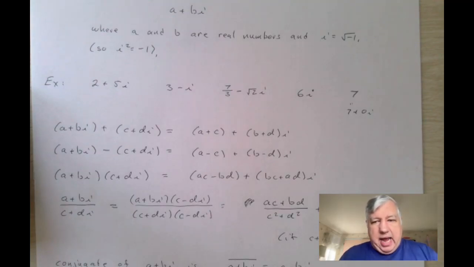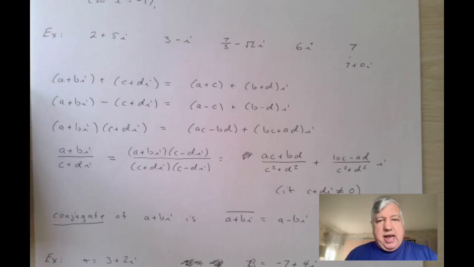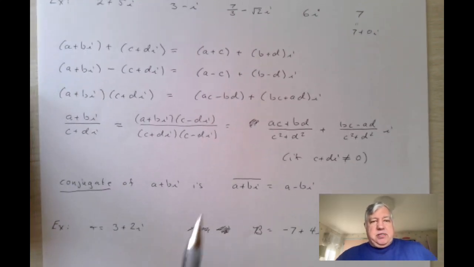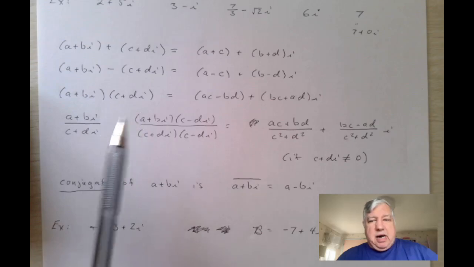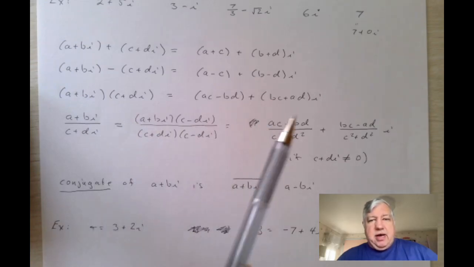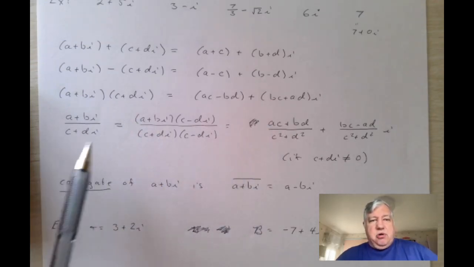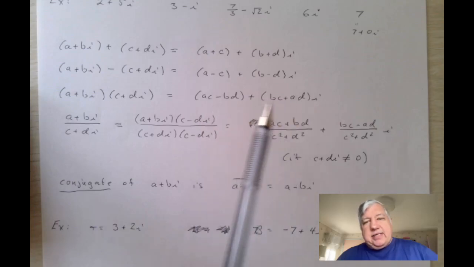And then adding and subtracting complex numbers is pretty easy, because all you are doing is adding and subtracting the real parts and the imaginary parts. Multiplying is a little bit different, but it's not that much different than multiplying two polynomials and just realizing that i squared is -1. So you don't really have to memorize this.